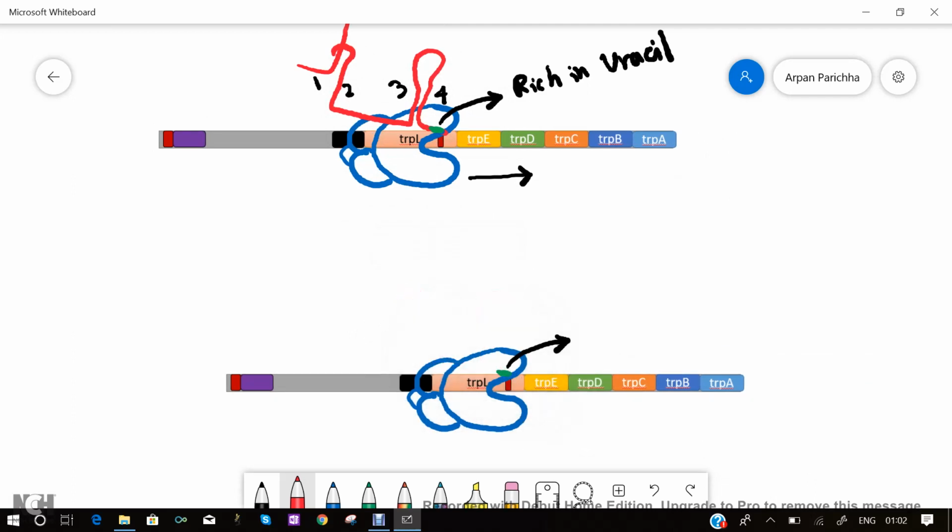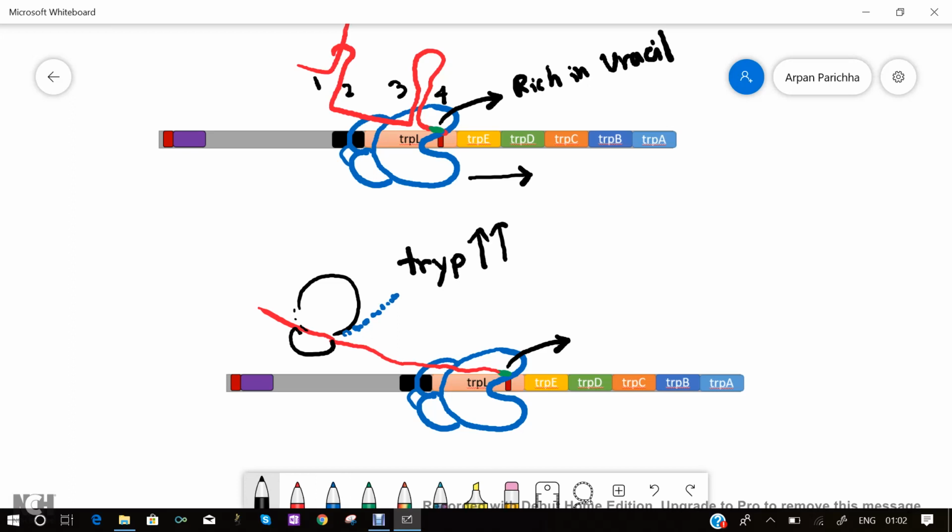So here what we can see is the RNA polymerase is proceeding, and from the other hand side there is a ribosome which is sitting on it and producing the specific proteins from the leader RNA.